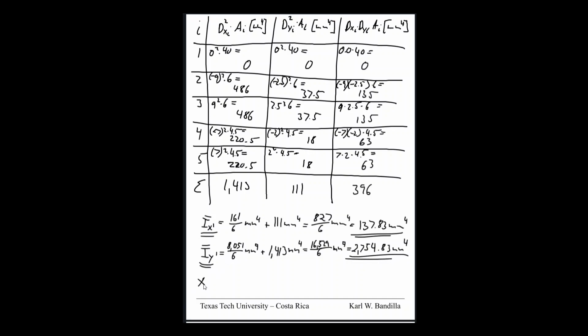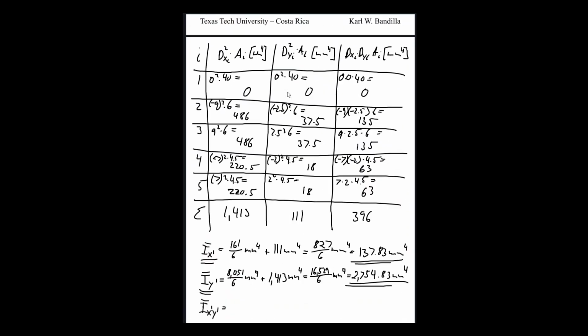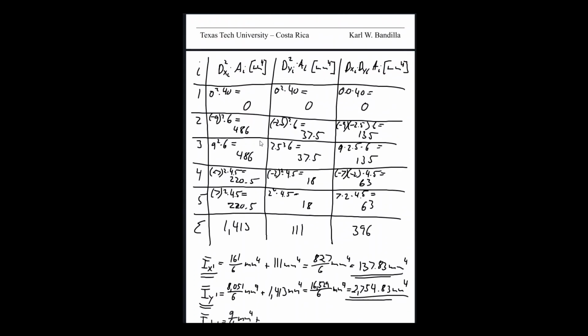And then, sooner or later I was going to do this. Ix prime y prime bar was 9 over 4 millimeters to the fourth plus dx dy a, so 396 millimeters to the fourth.